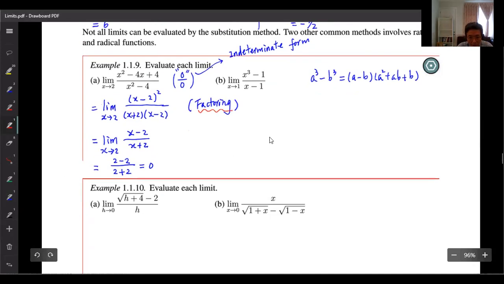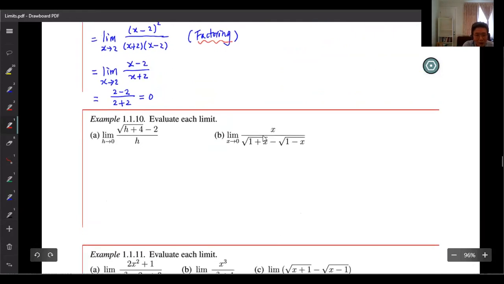For this one, we need another technique. You need to master this technique also for the AP test. It is called rationalization. In algebra, you rationalize the denominator. Here, actually, we rationalize the numerator.